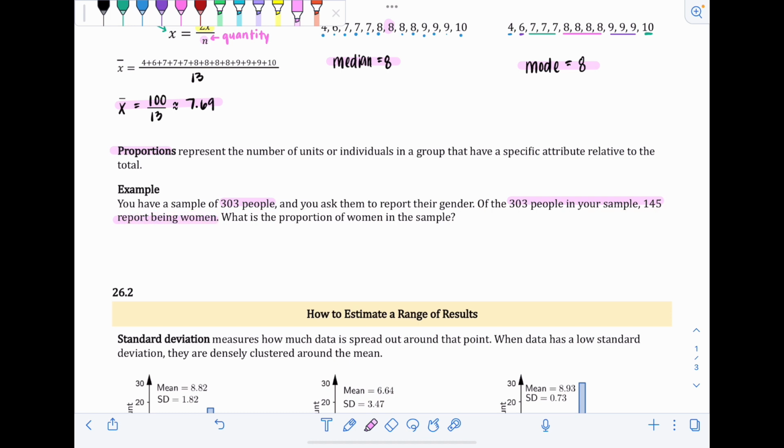In order to find that proportion, we're going to set it up as a fraction. We're going to put what we're looking for in the numerator. So we're trying to find the proportion of women, so we'll say number of women. And then in the denominator, we're going to put the total, however many people we asked or that are in the sample.